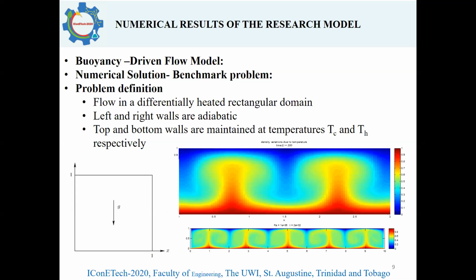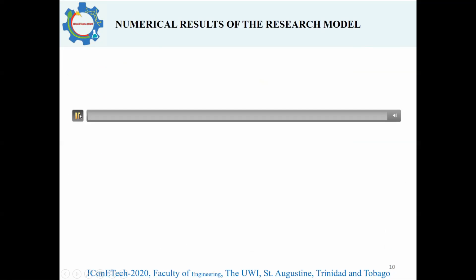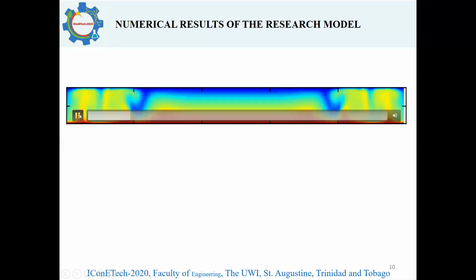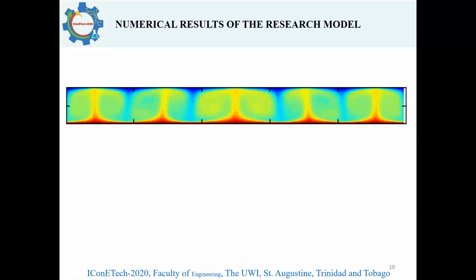I allowed the model to simulate this benchmark flow in this way. To show you how it works, you can see the model. It shows that the model can handle the benchmark.